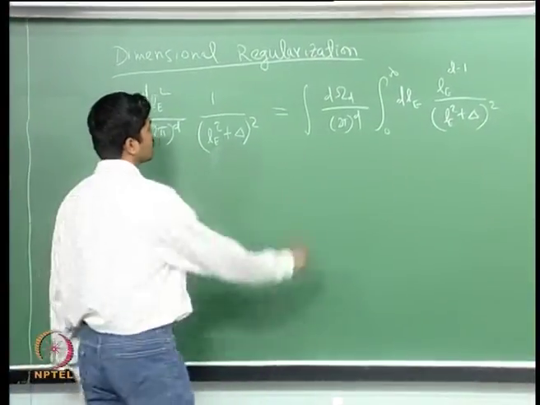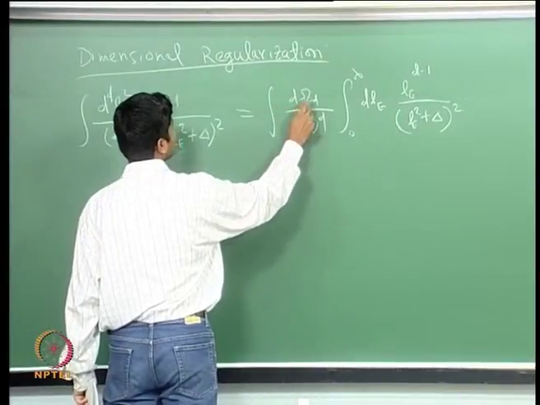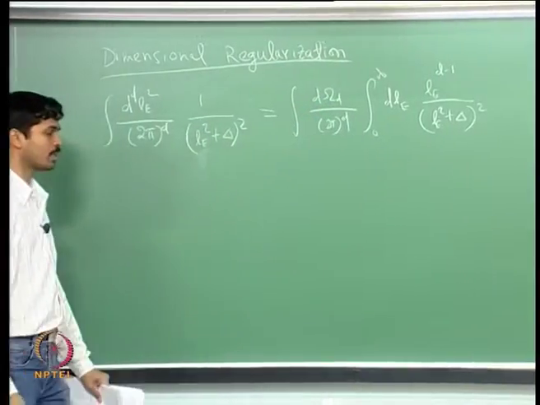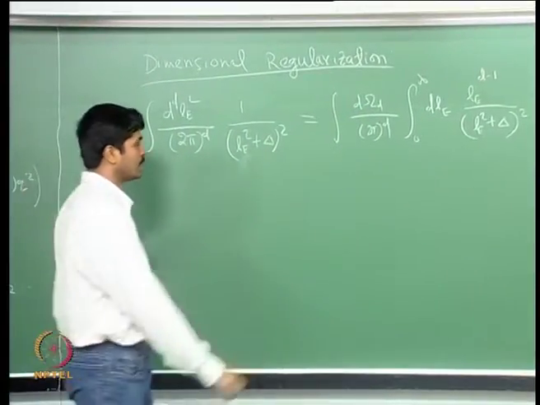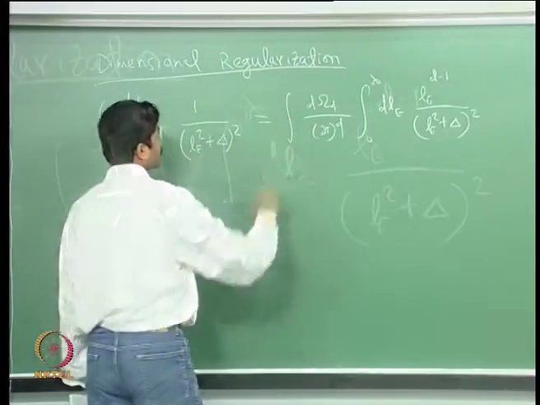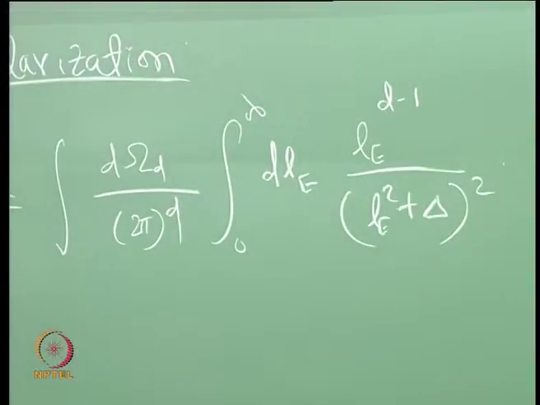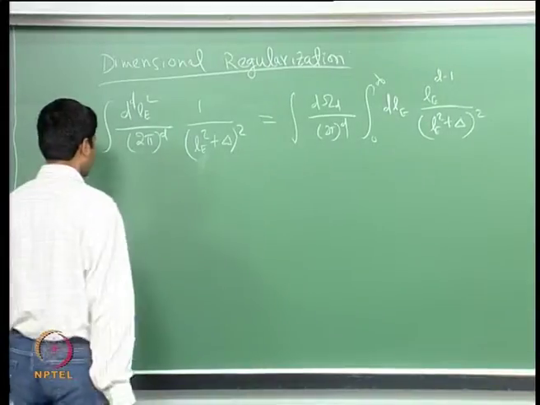So when I integrate over all the angular variables, I will get the area of a unit d minus 1 sphere, which I can evaluate as follows.